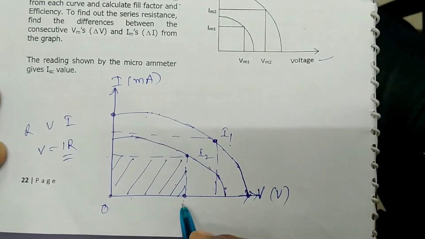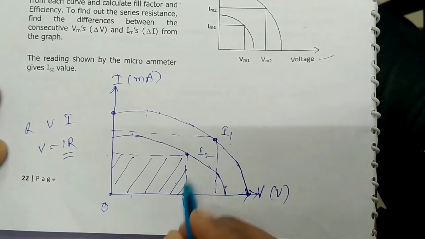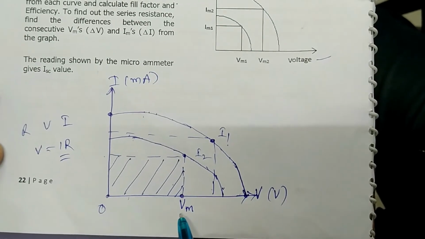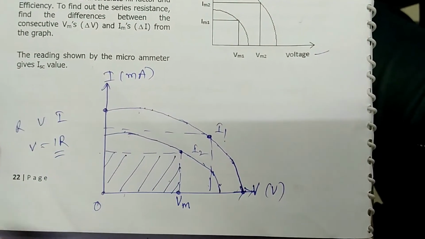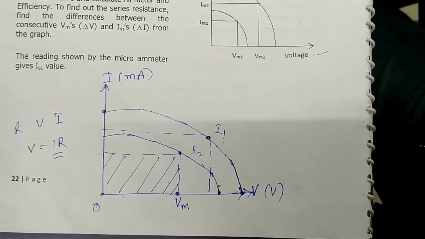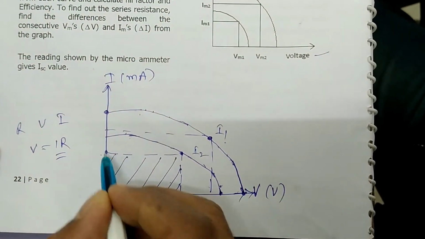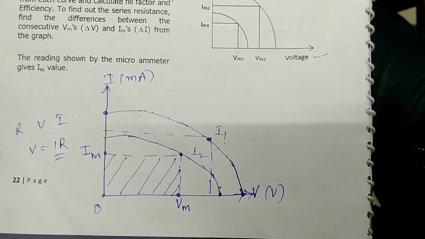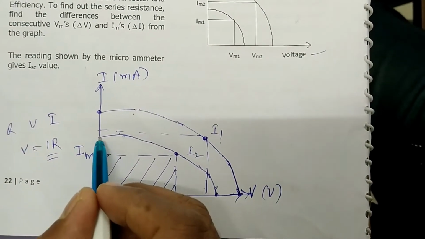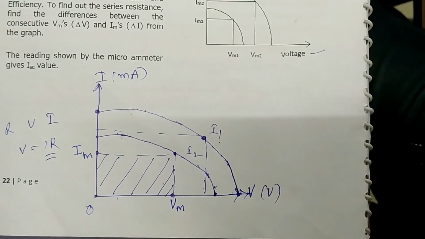This is called VM, the maximum voltage you can draw from the solar cell when a load is connected. This is the value when no load is connected. And this is the value of the maximum current, I maximum, when a load is connected. This is the current when no load is there.